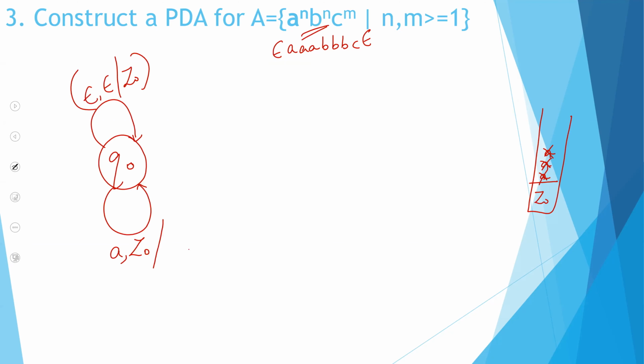I put in A into my stack. For all the other A's which I encounter, my top of the stack would have been an A. I push in A, and previously also it was A. So I pushed all my A's inside.